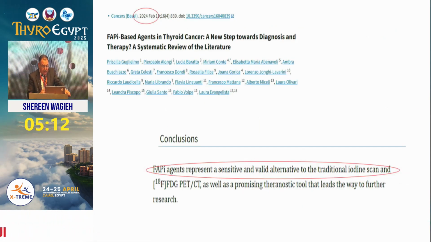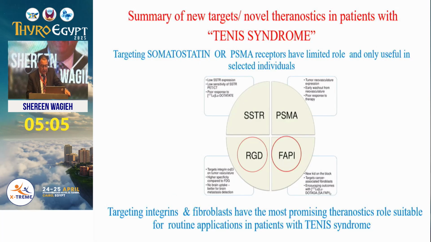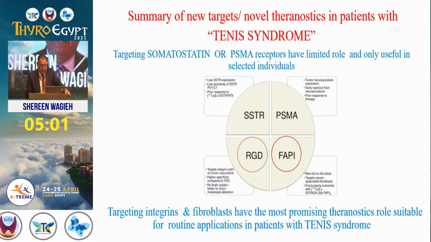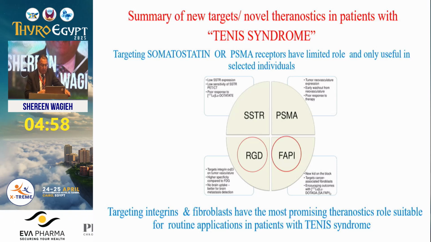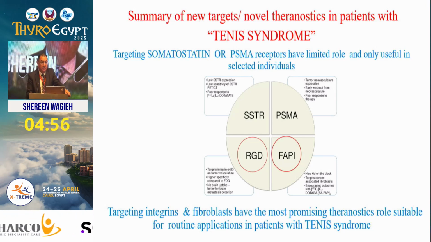It was concluded that FAPI agents represent a sensitive and valid alternative to traditional iodine scan and FDG PET-CT. So in summary, for these new targets, targeting integrin and fibroblast have the most promising theranostic role suitable for routine application in patients with TENIS syndrome.